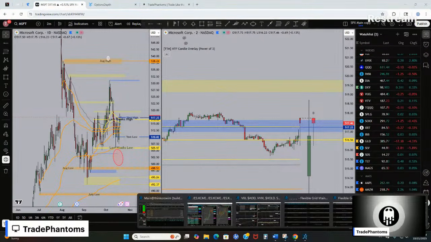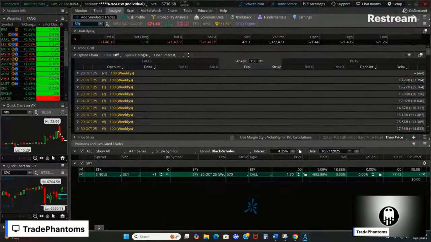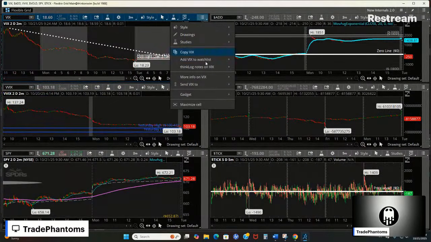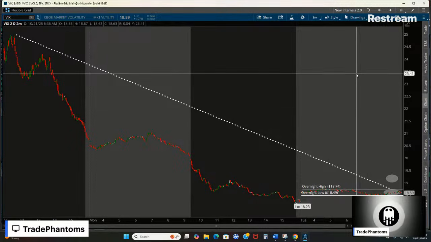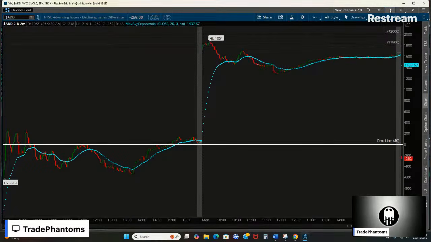Just get a quick peek at internals really briefly. S&P and NASDAQ kind of opening up inside of yesterday's late day close area. So just be patient. And Microsoft is showing some stuff here this morning, off the open, I will say, off the 2 minute. Take a peek at that.